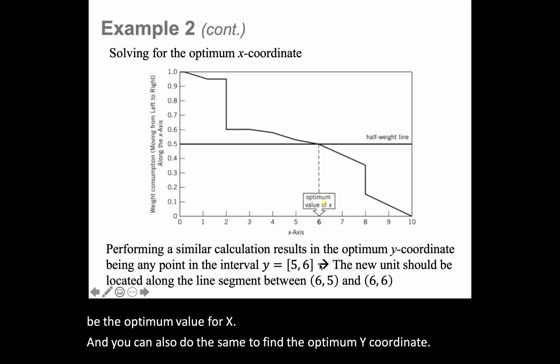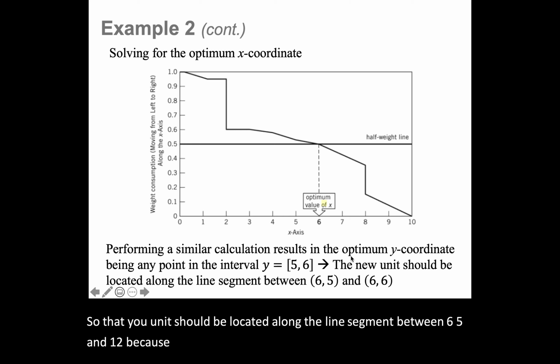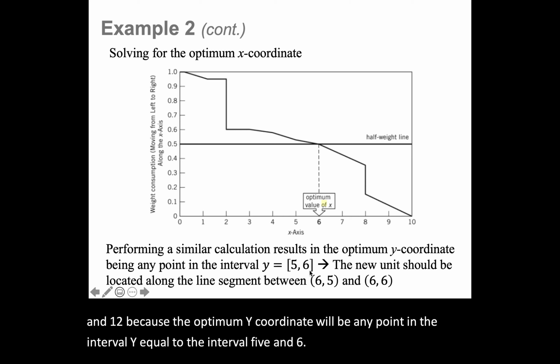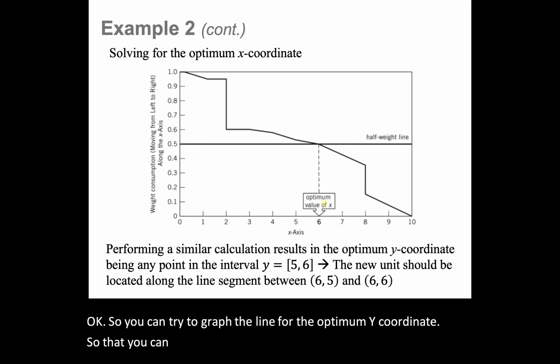So the new unit should be located along the line segment between 5 and 6, because the optimum y coordinate will be any point in the interval of 5 and 6. Okay, so you can try to graph the line for the optimum y coordinate so that you can check if this is true.